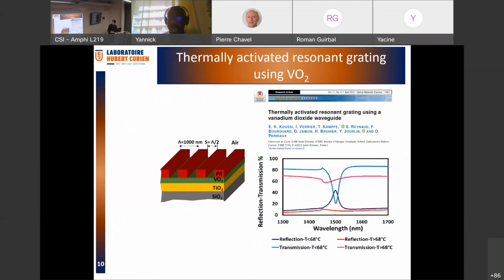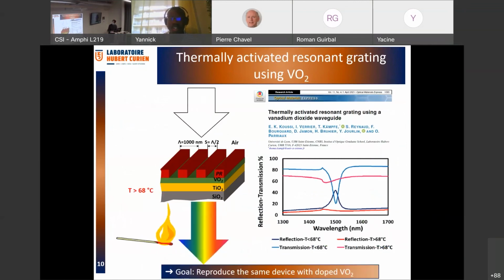An application that we are targeting is a thermally activated resonance grating using vanadium dioxide. Since the time is running out, I will just say that we want to reproduce this device that has already been done in the lab, but using doped vanadium dioxide.